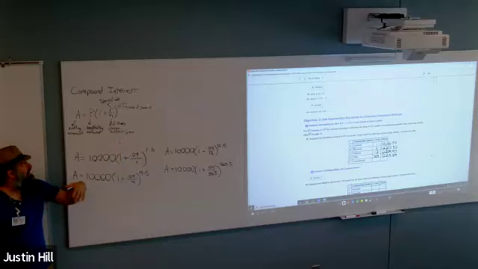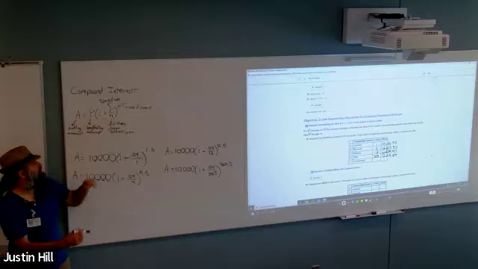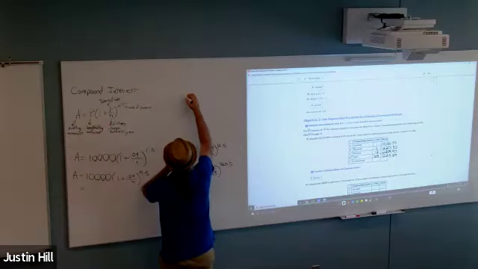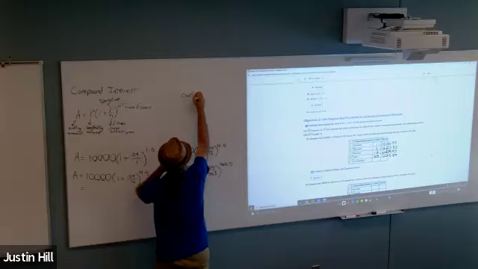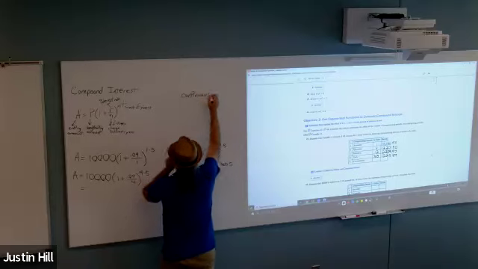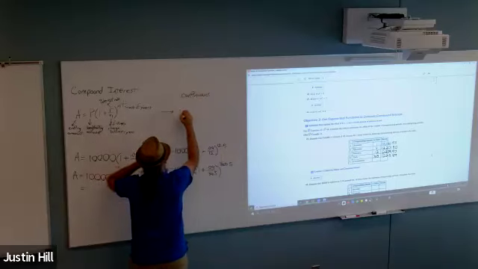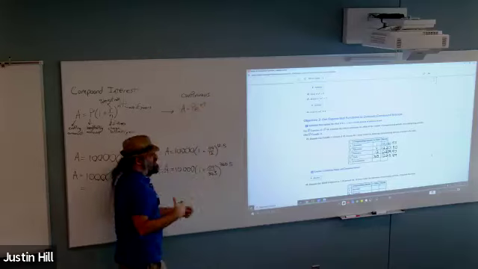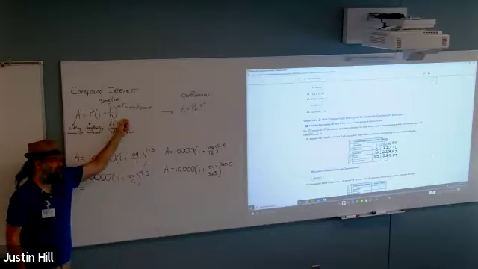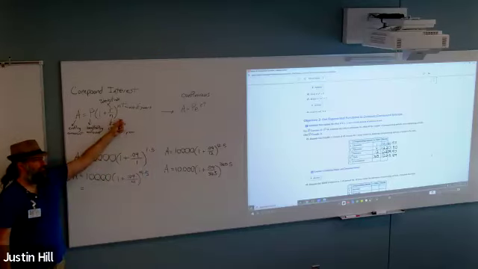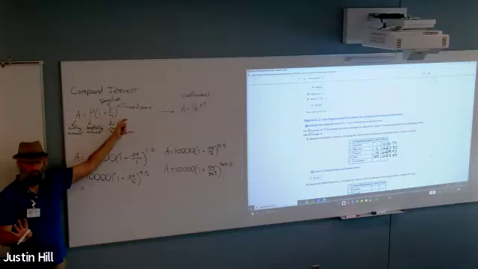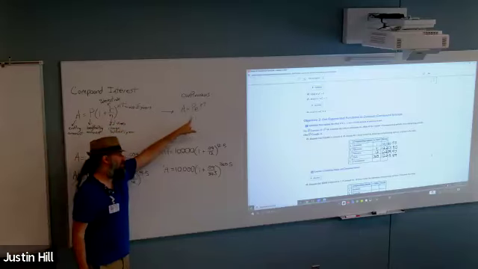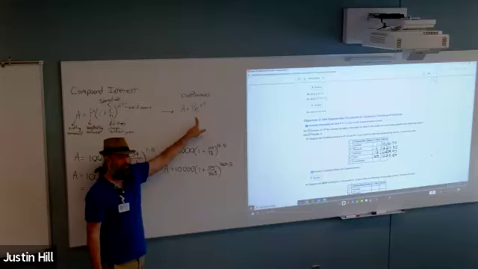But in calculus, we can prove that this formula becomes this form. Even though it's physically impossible to calculate interest at every moment of existence, this would give you the calculation for it, if you could do it.